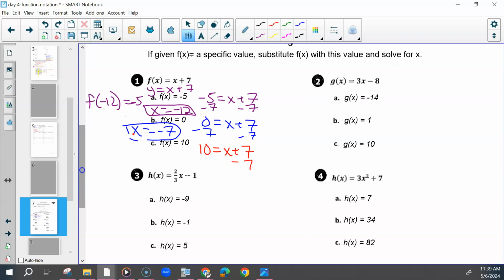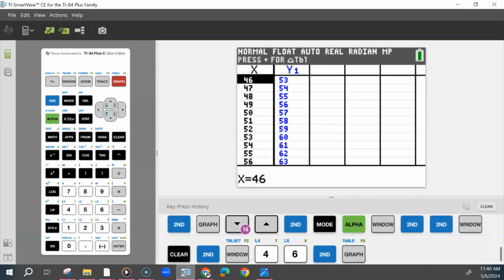And then if we solve the last one, x would equal 3. So in each of these, you are solving for x now instead of y. I'm going to show that in the calculator and then in decimals.